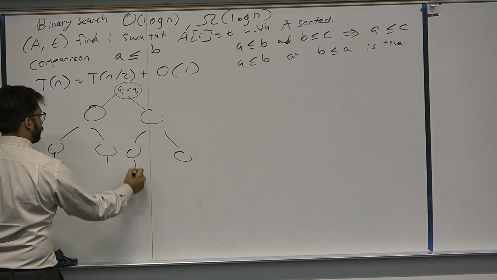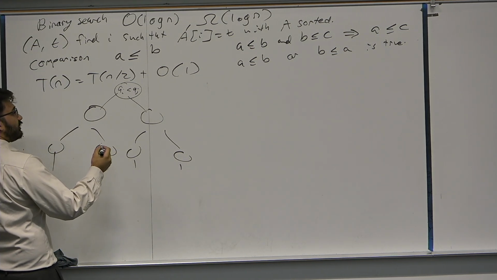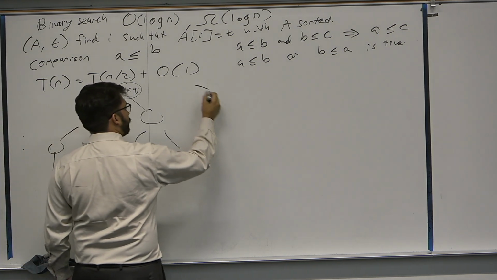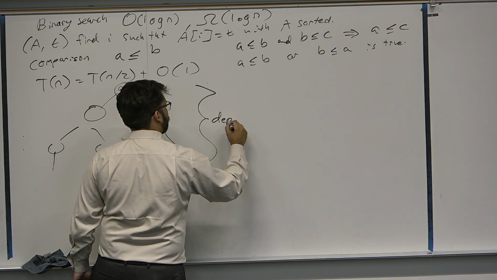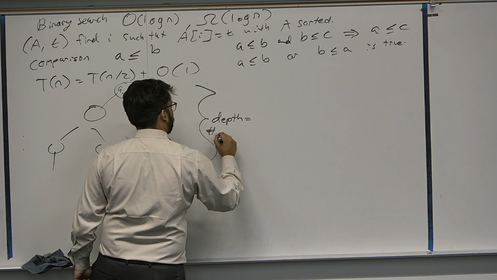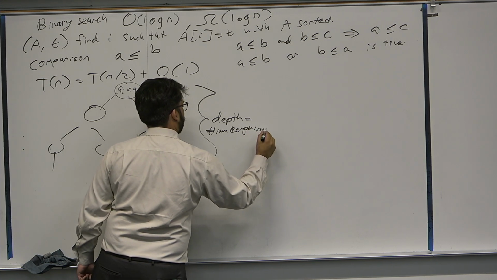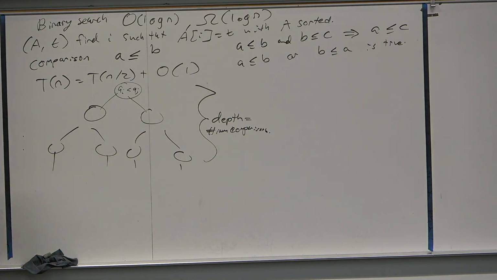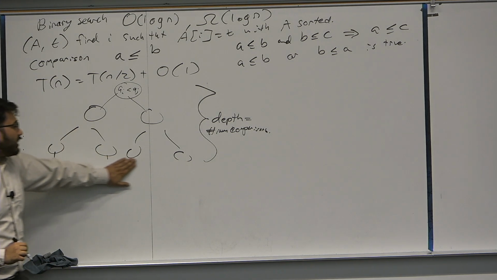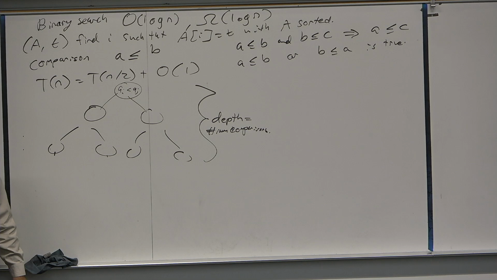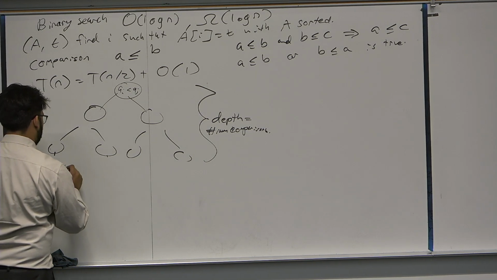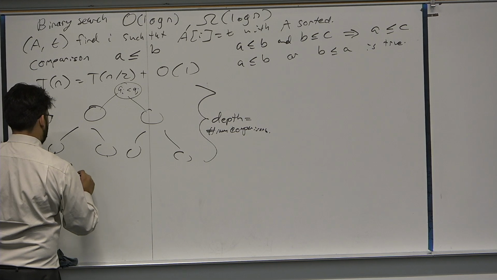And then we have our answers, right? But the number of comparisons it must make is the depth. So how many leaves are here in this tree, by the way? Let's say these are the leaves of such a decision tree, the elements of the array.